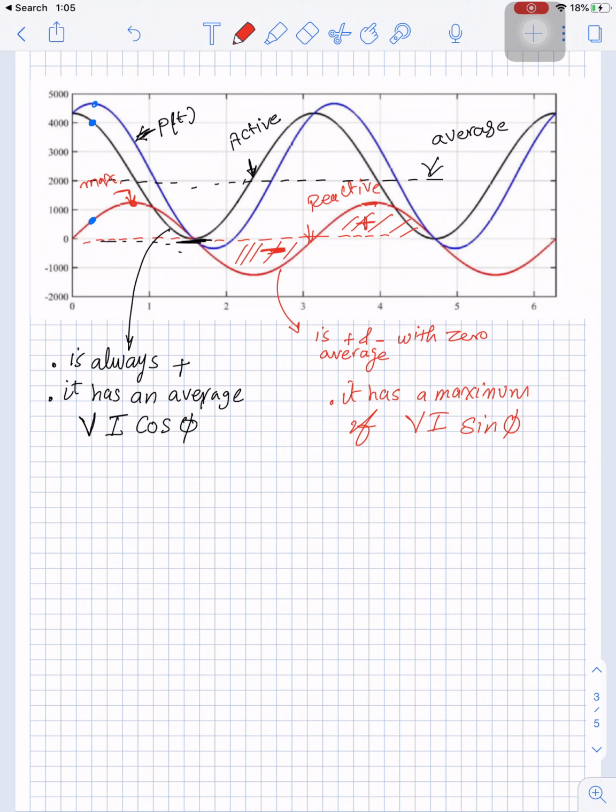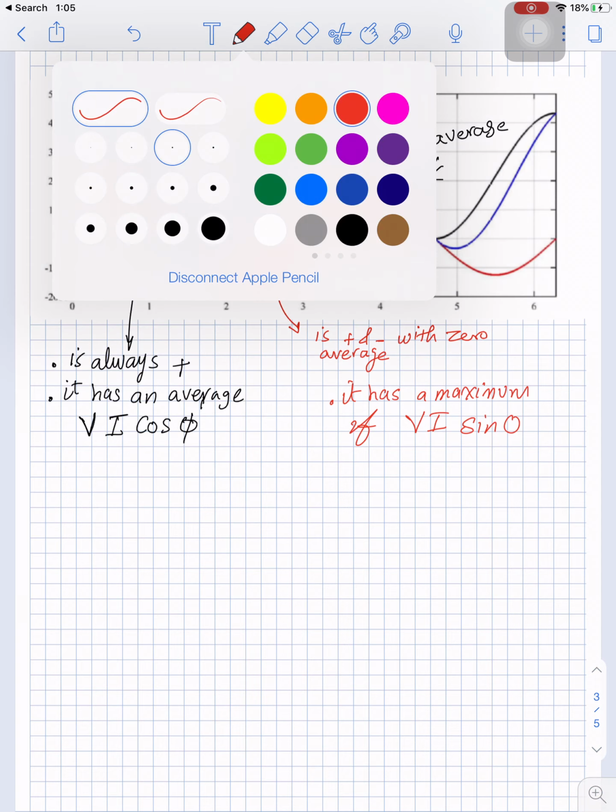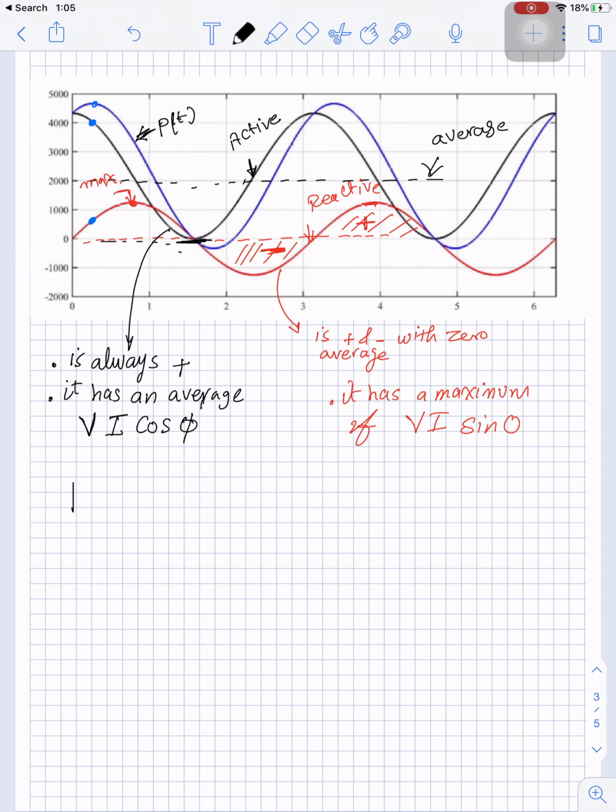So here we start to define P. P is called the active power, or sometimes the real power, and this real power equals VI cos phi.